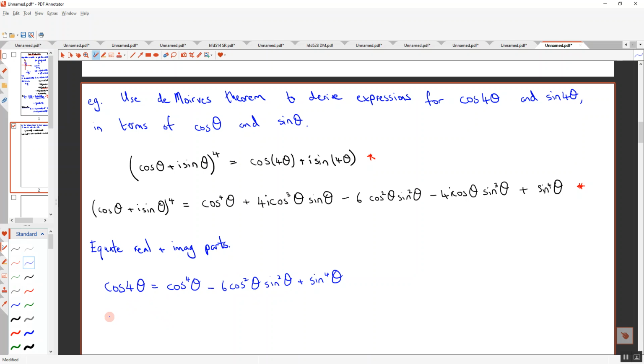And then I can do the same for the sine 4 theta, which is an imaginary part. So I just take those bits. I don't need to put the i's in.